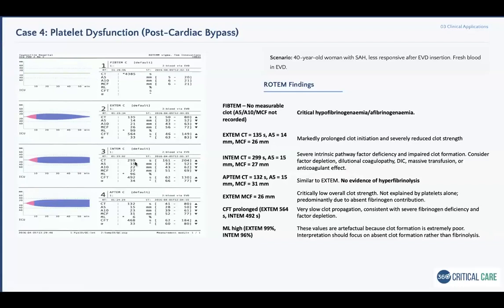So it can be high in your INTEM and EXTEM, but if it is correcting in the APTEM, that means there is no fibrinolysis happening, because the ML is 6% only. Okay, it's very difficult to interpret in this case because the coagulation is severely deranged. There is no clot formation at all to say that the clot is being fibrinolyzed.